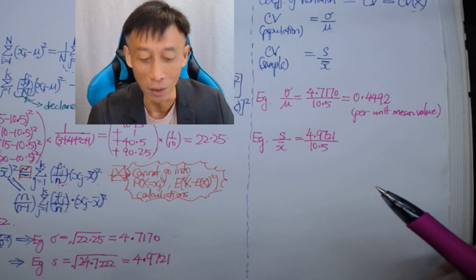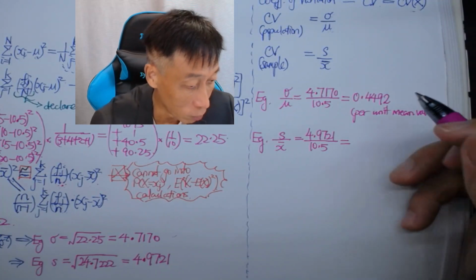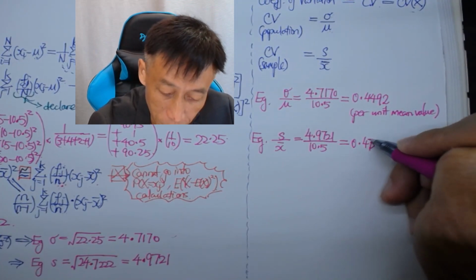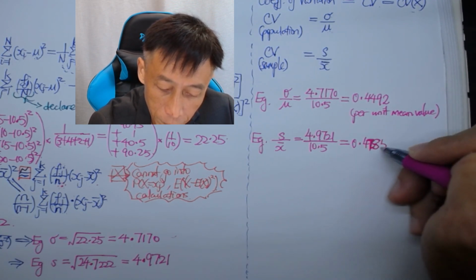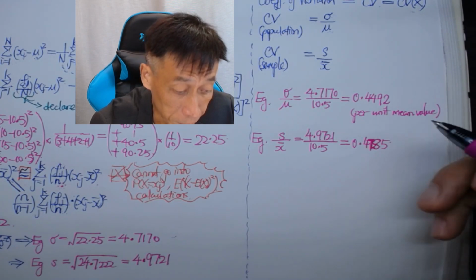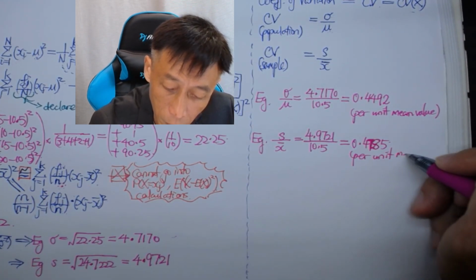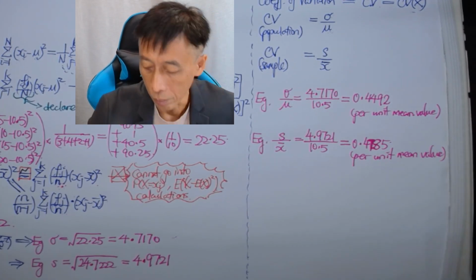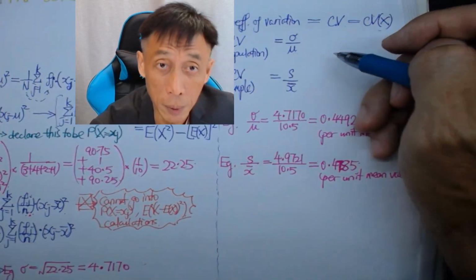They are kind of mutually exclusive in a way. All right, so if I do my math correctly, it should be 0.4735, again per unit mean value. Okay, and it is certainly good for comparison purposes.